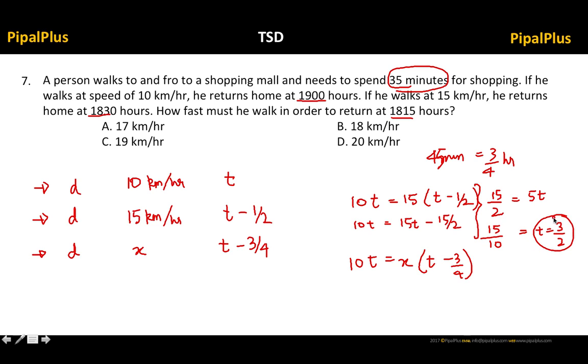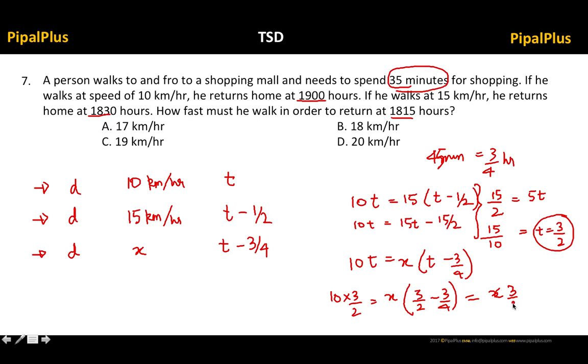So the usual travel time is 3 by 2 hours, which is 1.5 hours. And if I put the value of t in here, I should be able to find the value of x also. So I get 10 times 3 by 2 equals x into (3 by 2 minus 3 by 4), which is actually 6 by 4 minus 3 by 4, so 3 by 4.